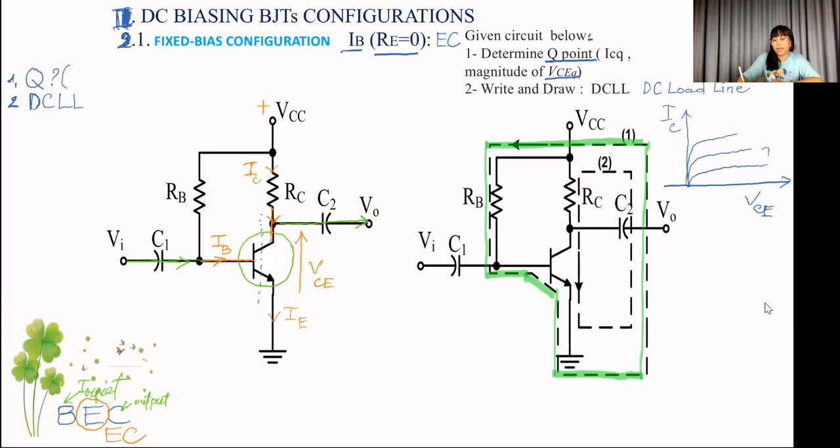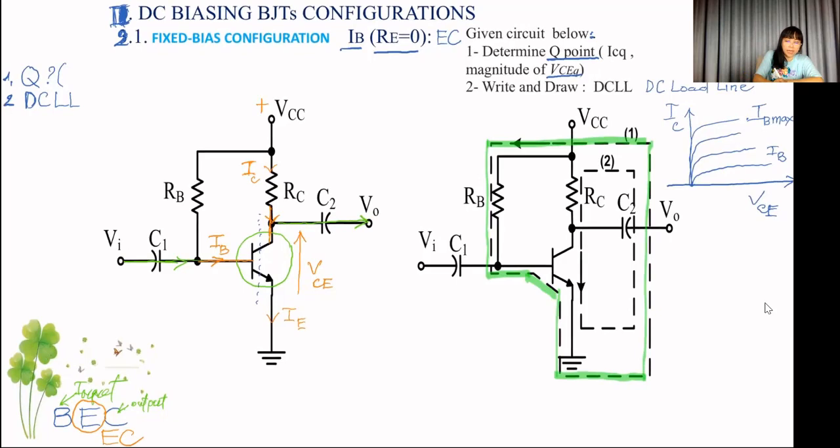We already have the input current, this is IB max, right? It means we should find the position of the Q point here.